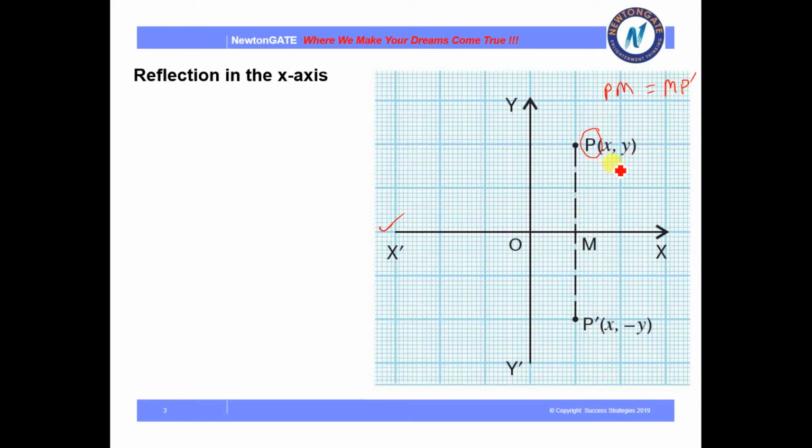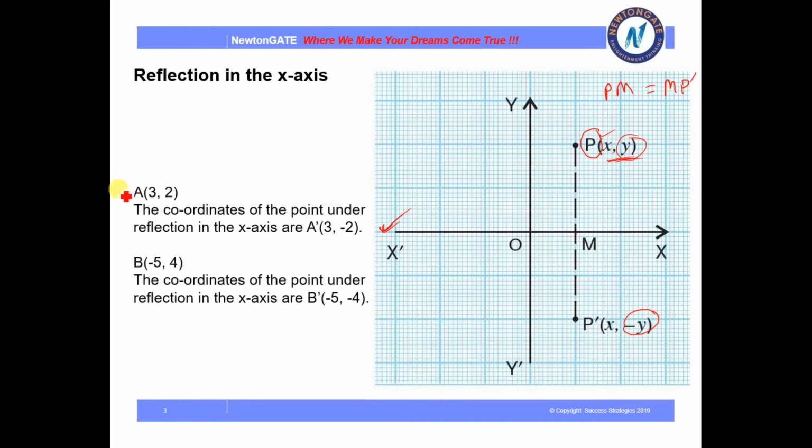The coordinates of the point P dash after reflection from P will be x, minus y. So when any point is reflected on the x-axis, the x value remains the same, that is the abscissa remains the same, but the ordinate changes to its negative. Okay, let's see an example and we can understand.